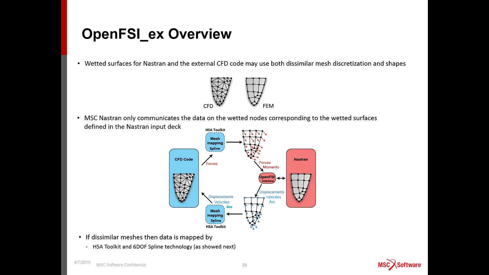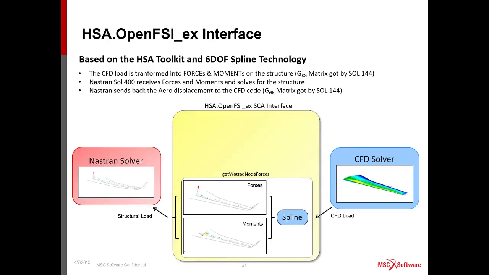This is the look that we have. If we want to look at it in more detail, here on the right side we have the CFD solution. We send the CFD load to the HSA OpenFSI interface that transforms the CFD load into forces and moments.